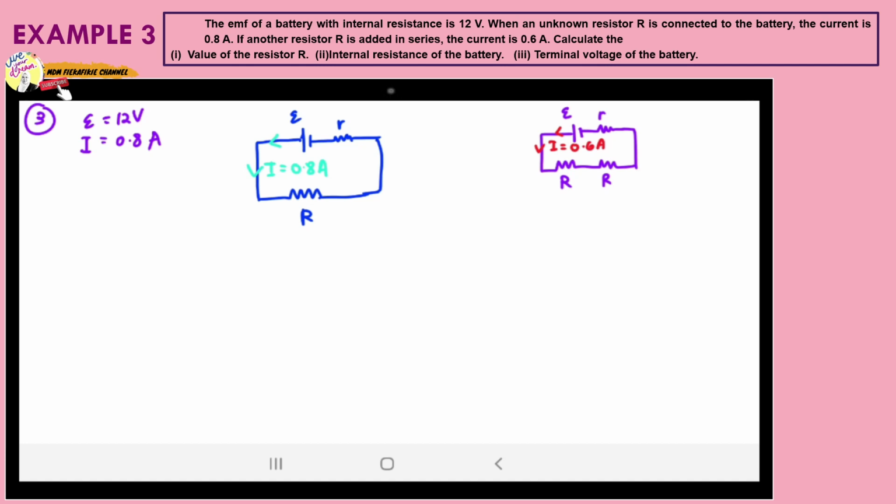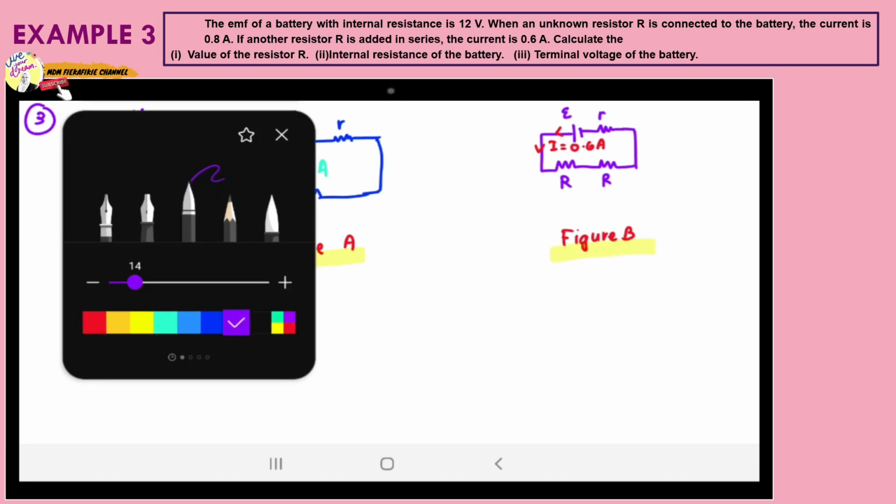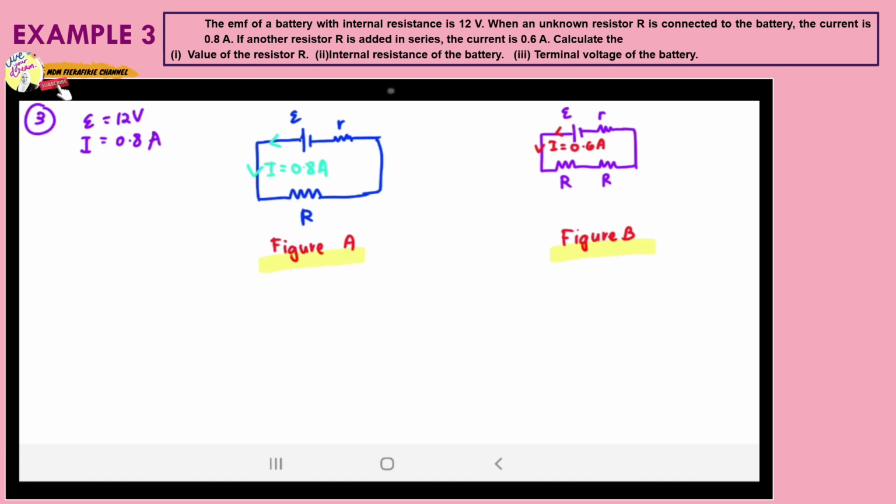Calculate the value of the resistor R. So we want to calculate what is the resistor R. Look at these two figures. We have figure A and this is figure B. So we have two conditions here, A and B. Now let's write the equation of the EMF for figure A first.